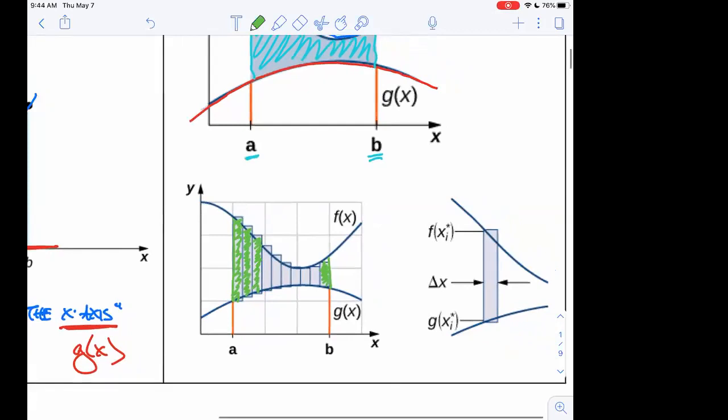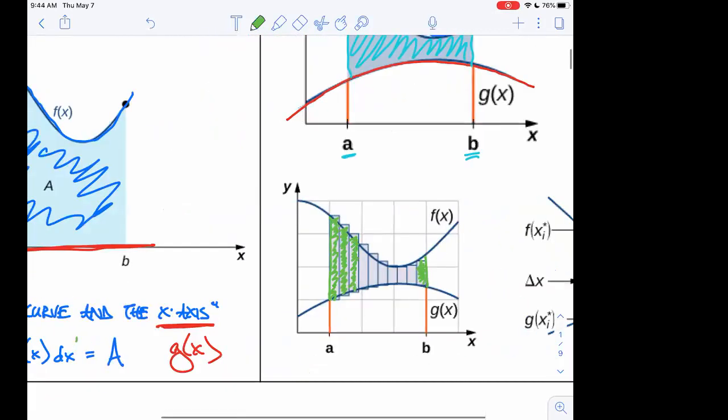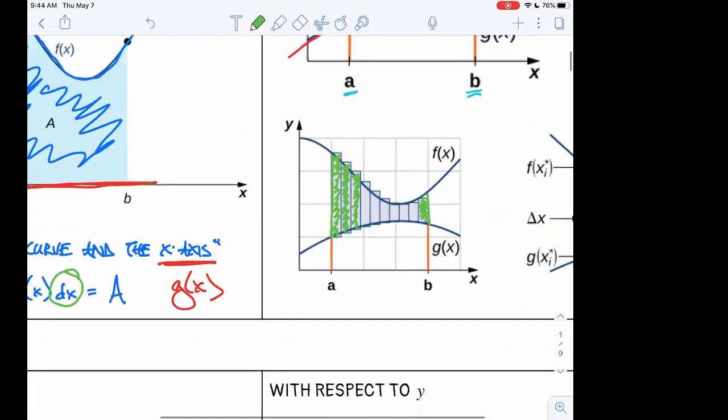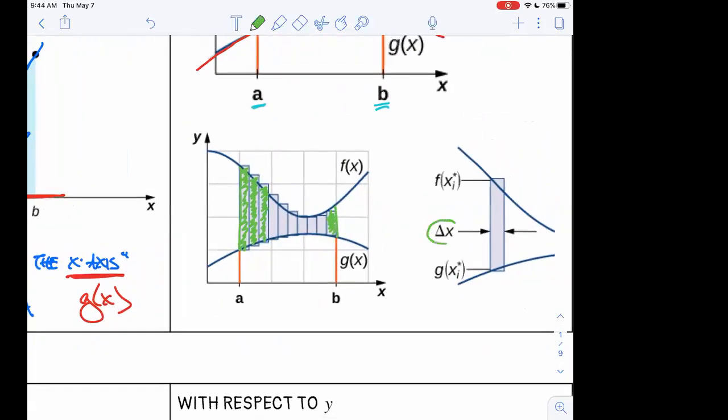And one thing we should realize is that when we see this dx at the end of our integrals, that symbol is so important because it's telling us how wide our rectangles are.